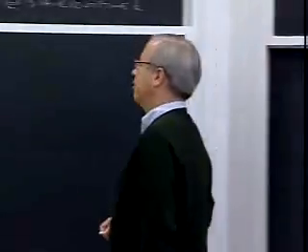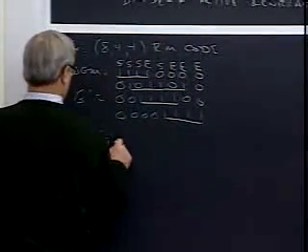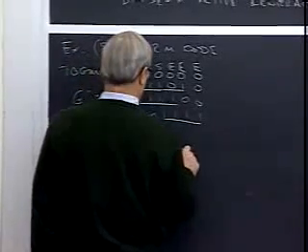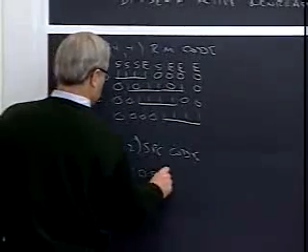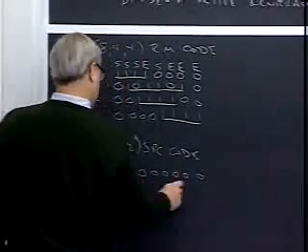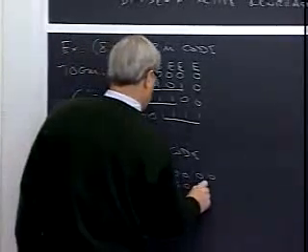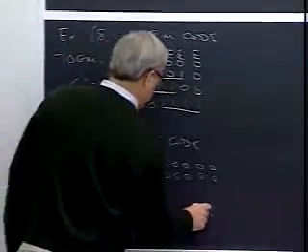For instance, another example that we've used is the (8,7) single parity check code. What are its generators? Its generators look like this, dot, dot, dot, down to 0011.